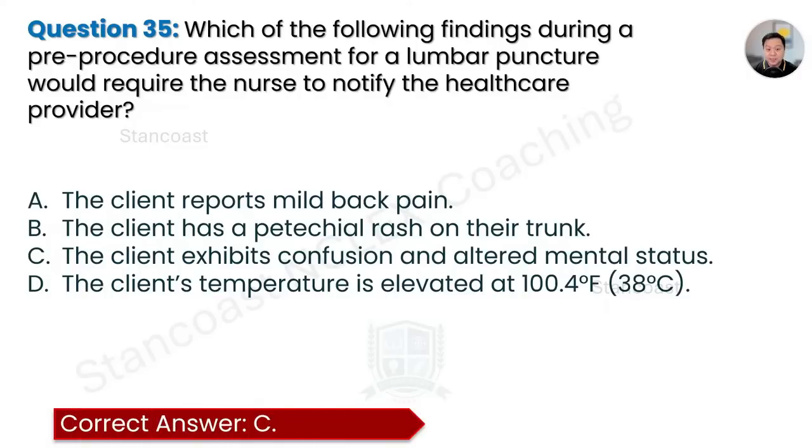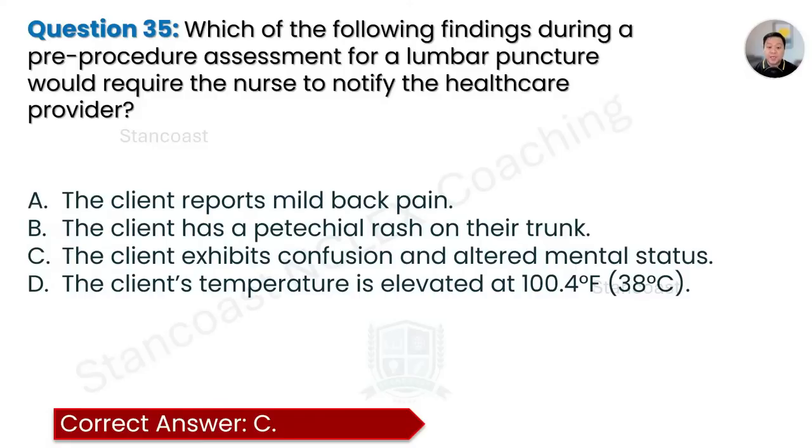This is quite similar to the prior question that we had. Confusion and altered mental status may indicate increased intracranial pressure, which is a contraindication for the lumbar puncture due to the risk of brain herniation. Now, letter A, mild back pain is not a contraindication for procedures like lumbar puncture, and this can be managed with comfort measures.